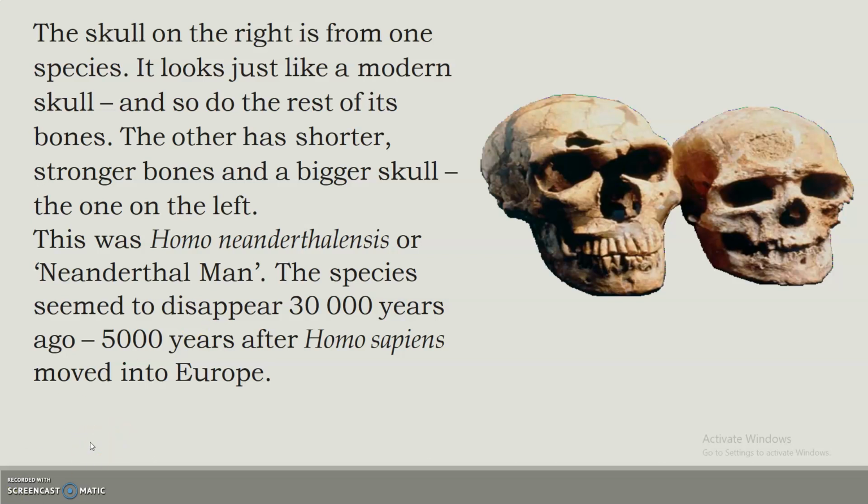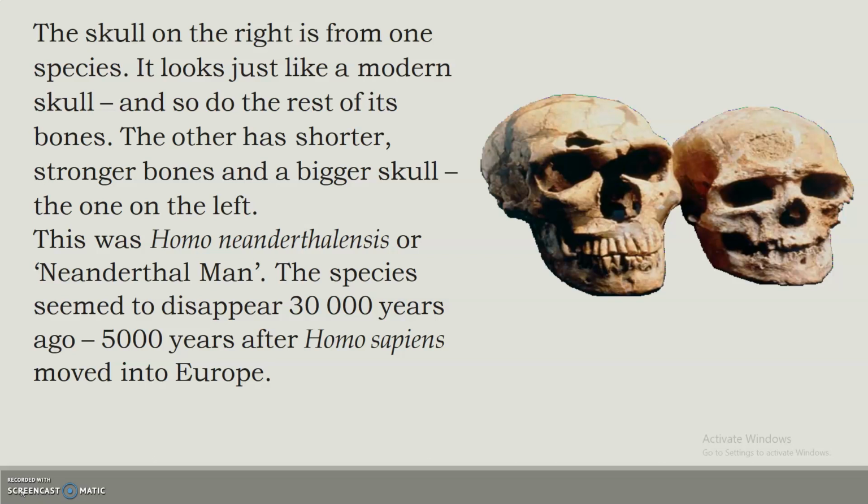Now they are not present on Earth. They have just gone extinct, just like dinosaurs. Now only one type of species is present on Earth, that is Homo sapiens. But before 35,000 years ago, there were two different types of species. One was Homo sapiens, that is modern day man. The other one was Homo neanderthalensis or Neanderthal man.